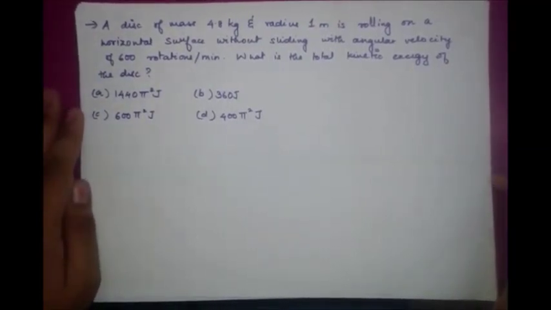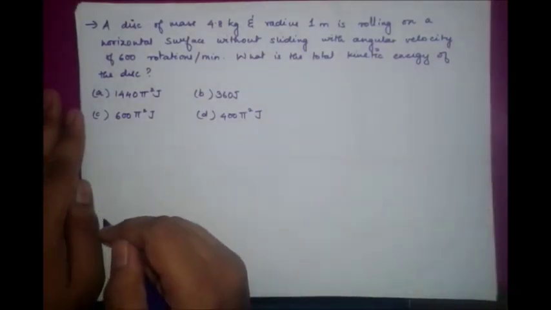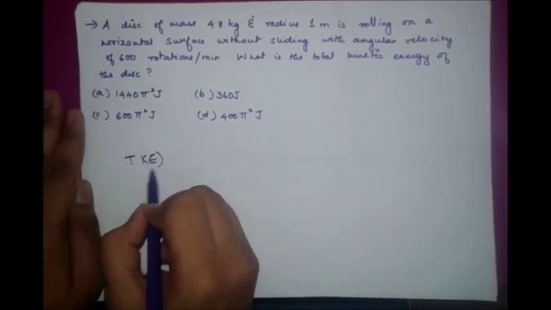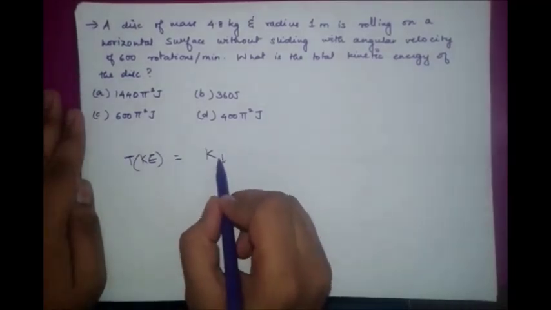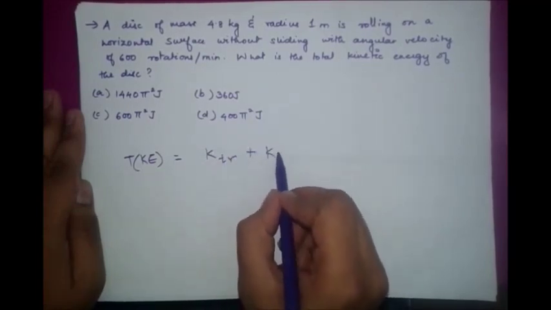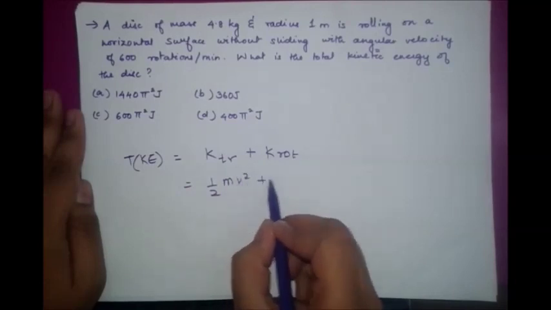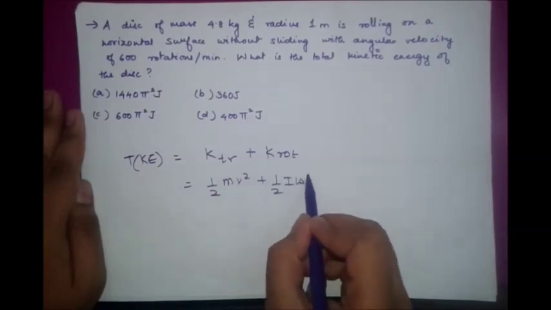A disc of mass 4.8 kg and radius 1 meter is rolling on a horizontal surface without sliding with the angular velocity of 600 rotations per minute. What is the total kinetic energy of the disc? Now to calculate the total kinetic energy, we know total kinetic energy is equal to translational kinetic energy plus rotational kinetic energy, which is equal to half mv square plus half I omega square.